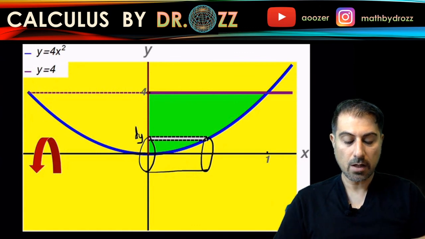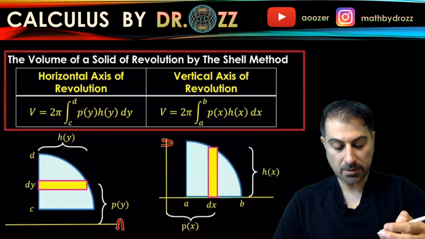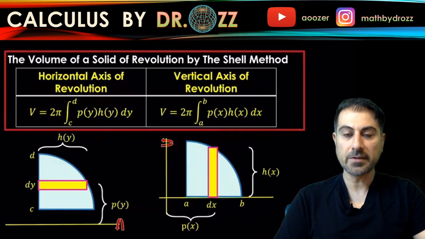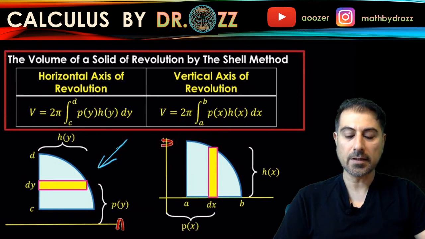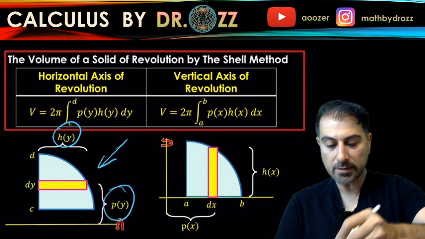We're doing the axis of revolution to be the x-axis, in the very first case. And all you need to have is the height and the radius of the shell.